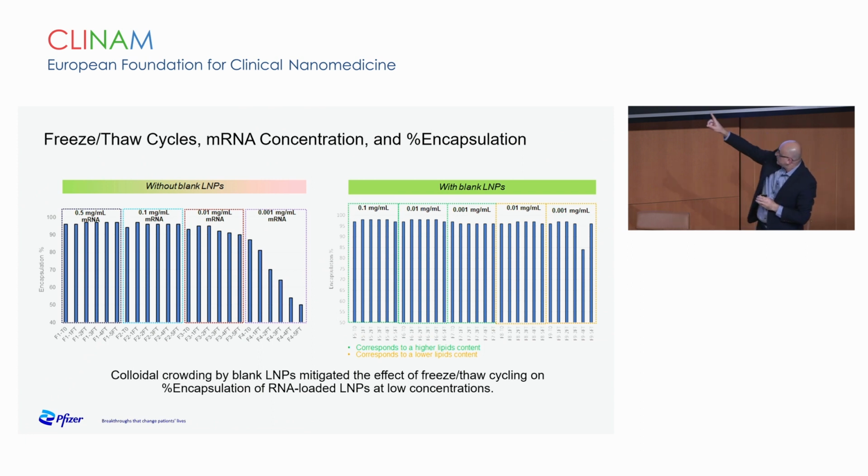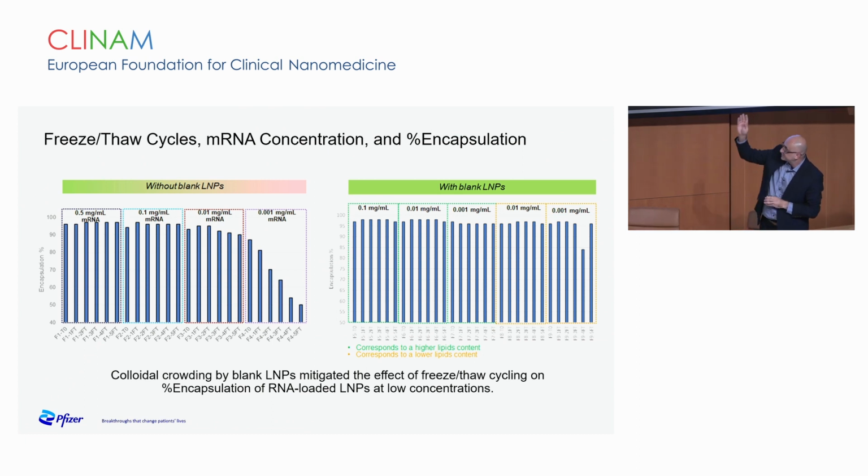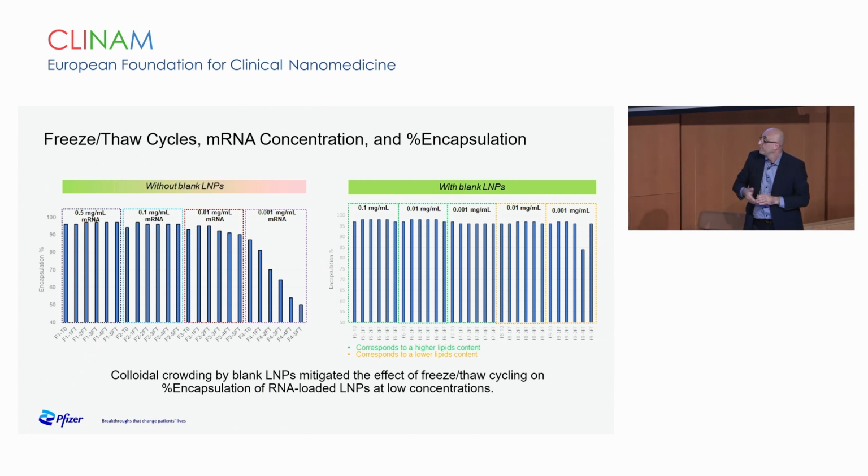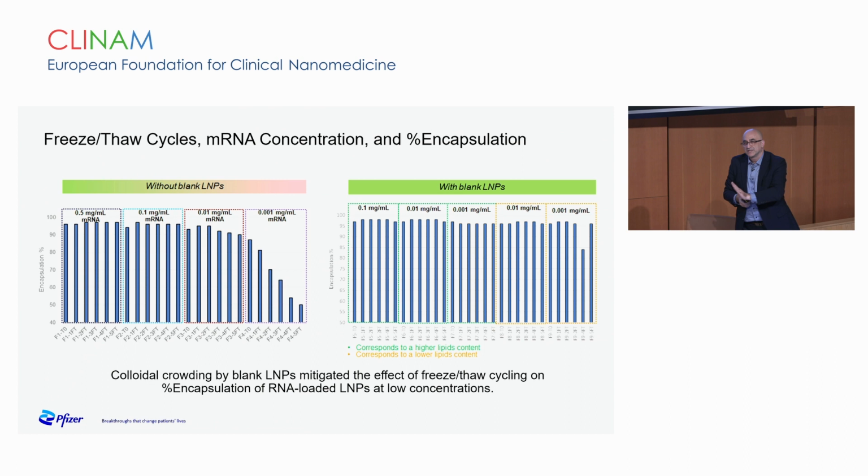The green shows what you see as an equivalent for 0.5 mg per ml, while we are keeping the RNA concentration intact as it was. And the orange shows you bringing the number of particles to a 0.1 mg per ml RNA equivalent. And you see pretty much everything goes back to normal.